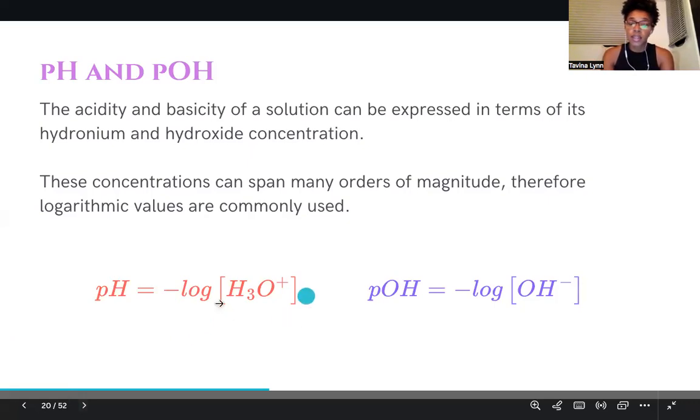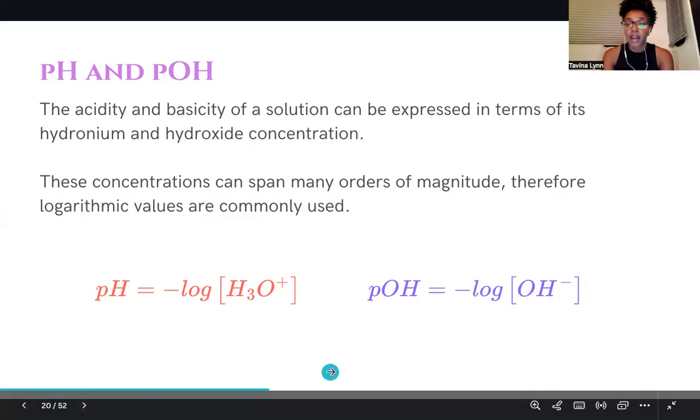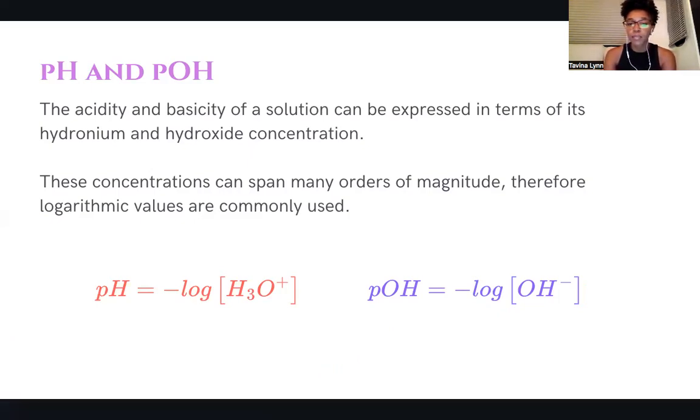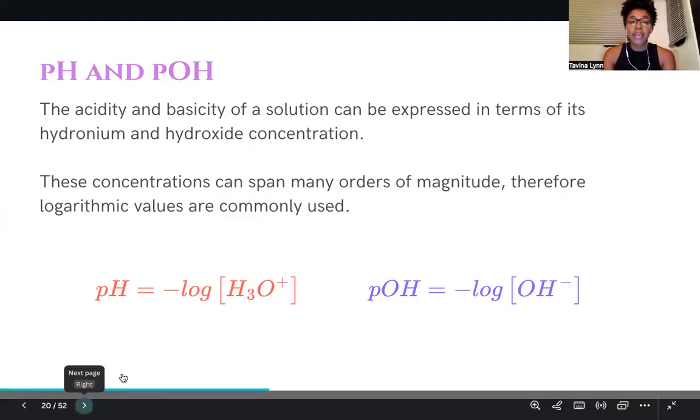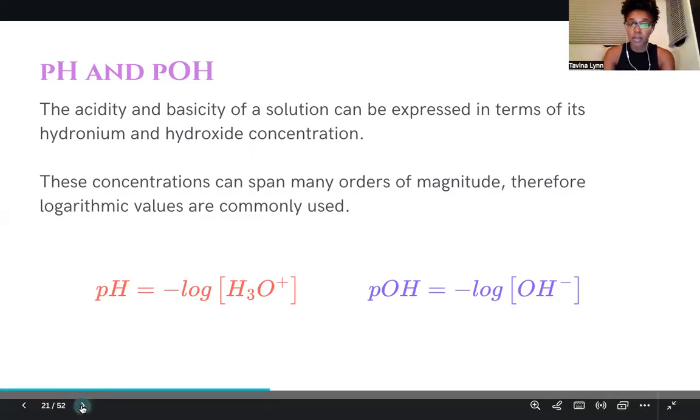So pH is the negative log of our hydronium ion concentration. pOH is the negative log of our hydroxide ion concentration. So pH and pOH are inversely related to one another. If we have a high pH, we'd have a low pOH. If we have a high pOH, we'd have a low pH. And we'll come back to that in a little bit.